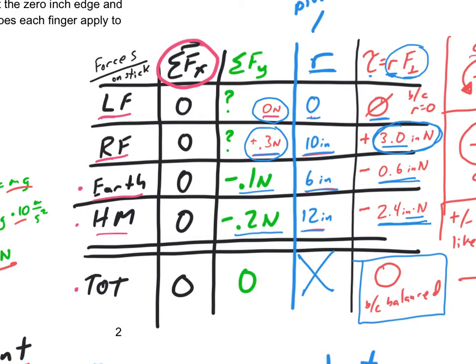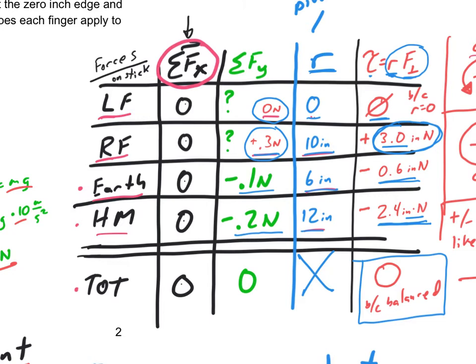The left finger is applying a force, the right finger is applying a force, the earth is, the hanging mass, HM, and those all add up to some total. I used a double line here to represent an equal sign. All these forces are vertical. So even though I included a consideration of some of the forces in the x direction, they're all 0 all the way down the line. Therefore, I didn't have to do that, but I just did it for completeness.